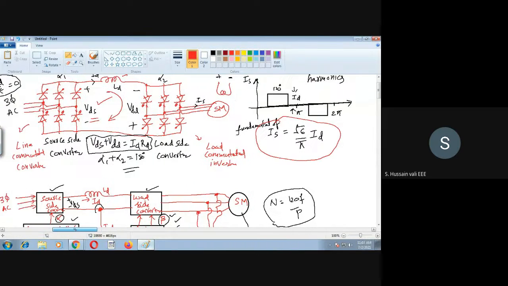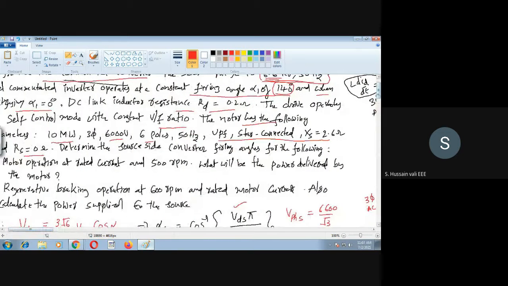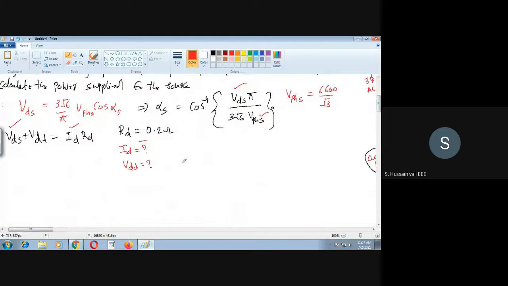Then using those equations, we will just do something. What is that equation we got for IS? We got IS equation. IS is equal to root 6 by pi ID. From this we can find out ID. ID is equal to IS into pi by root 6. So we have a clue here to find out ID.